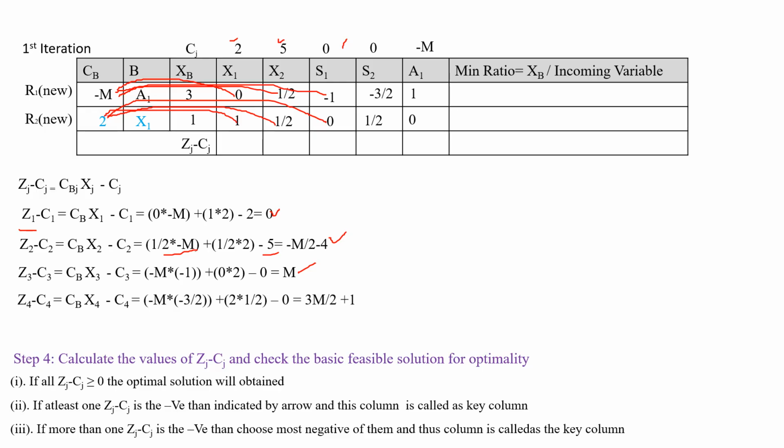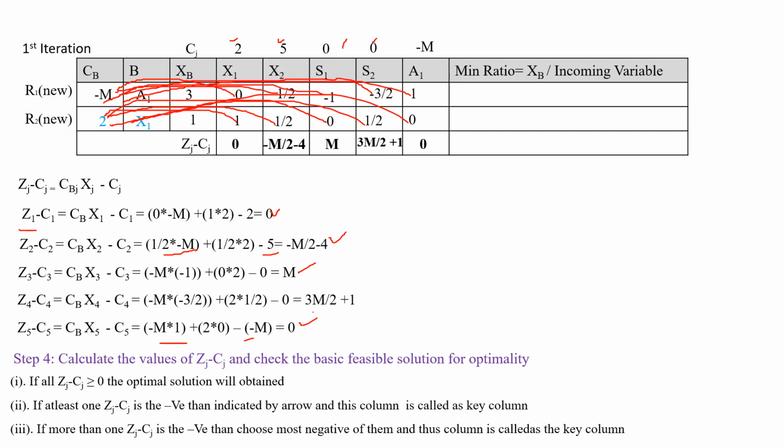Next is Z4 minus C4. It is minus 3 by 2 into minus M plus 1 by 2 into 2 minus 0, and its value is 3M by 2 plus 1. Next Z5 minus C5. This value is 1 into minus 1 plus 0 into 2 minus of minus M, and this value is 0.